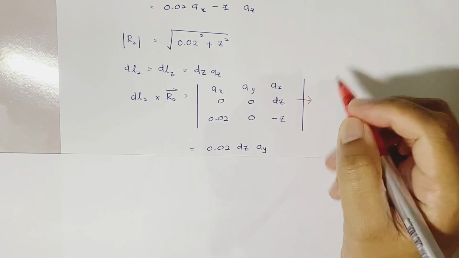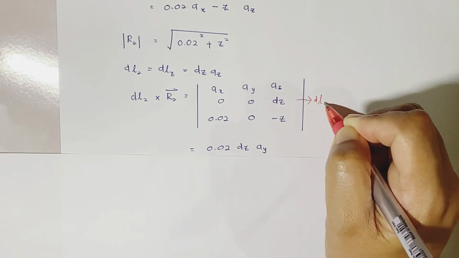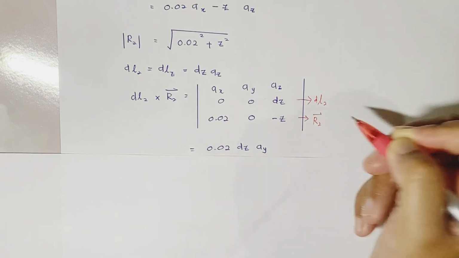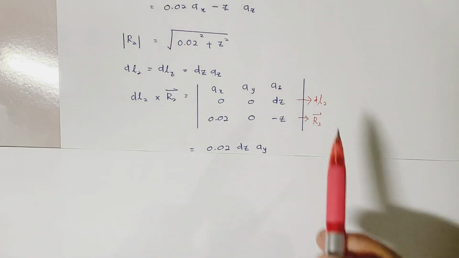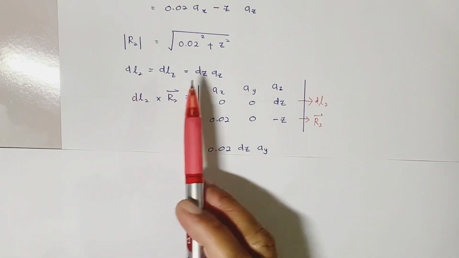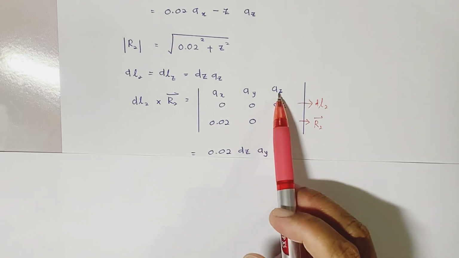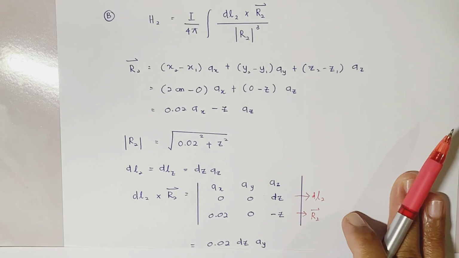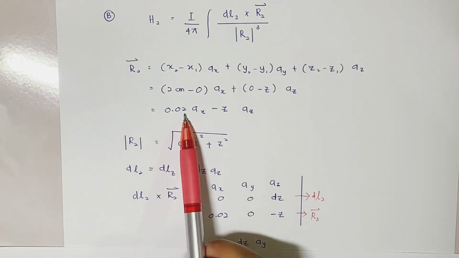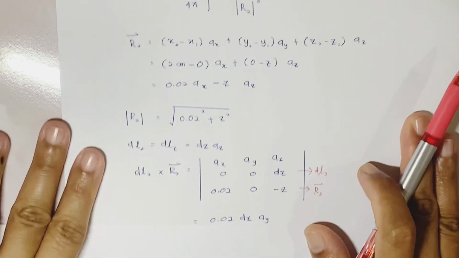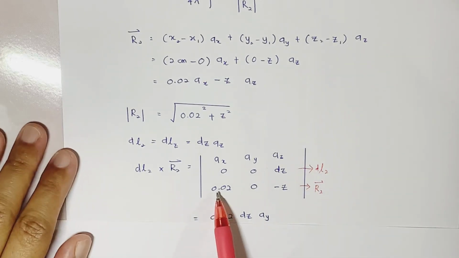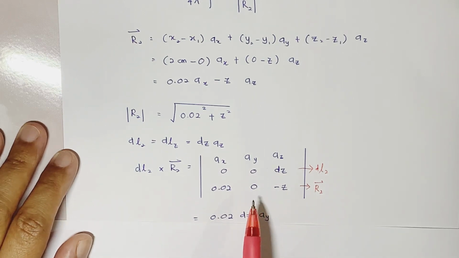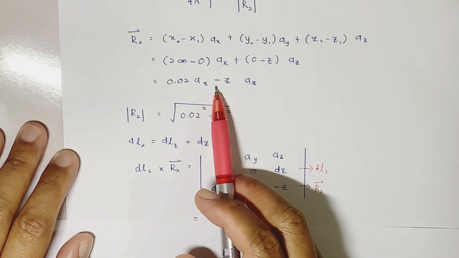This row is for dL2 and this row is for vector r2. You know that dL2 is dz az, while r2 is 0.02 ax, no ay, and minus z az.